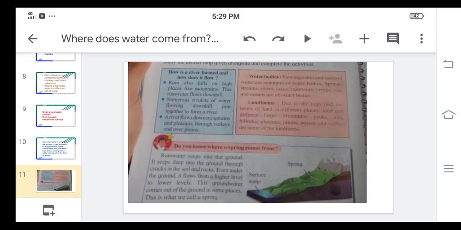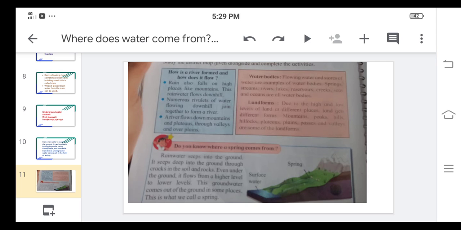See, rain will fall on the mountains, and whatever water is present on the mountains flows down. With that water, the remaining small sources of water like rivulets join, and in this way a river will form. Okay, in this way rivers will form, and it goes forward.